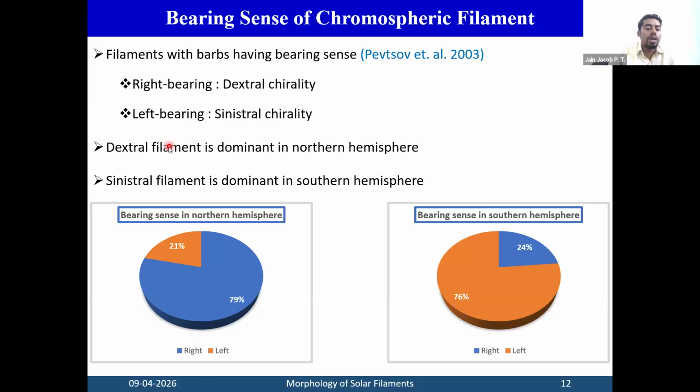Then we found that dextral filaments are dominant in the northern hemisphere, with 79% of filaments having the right bearing sense, and when it comes to the southern hemisphere, 76% of the filaments have the left bearing sense, and the rest have the right bearing sense.